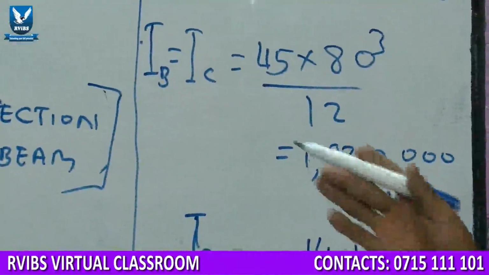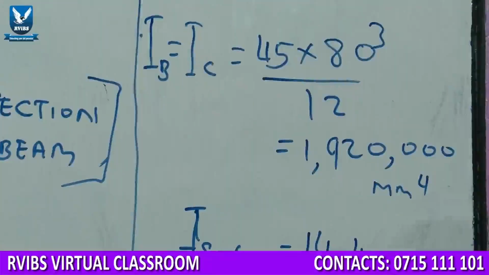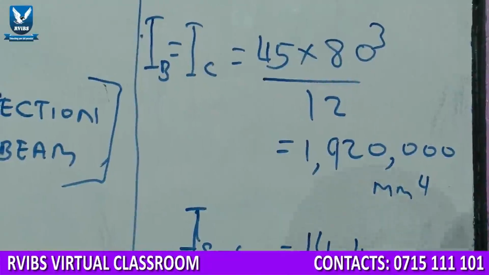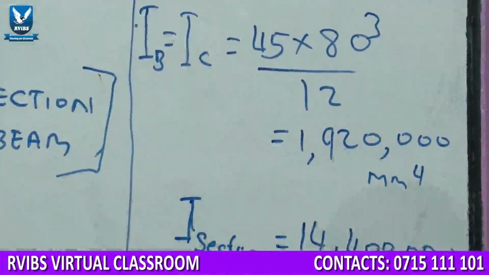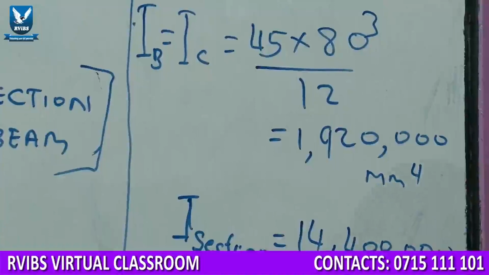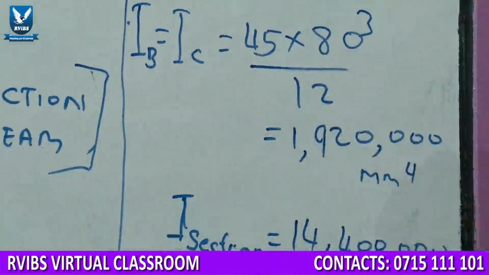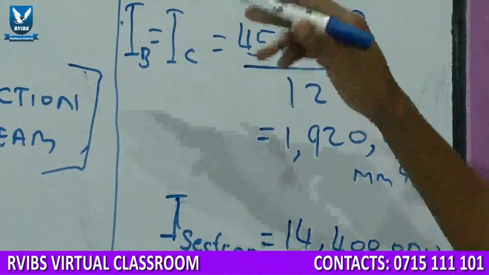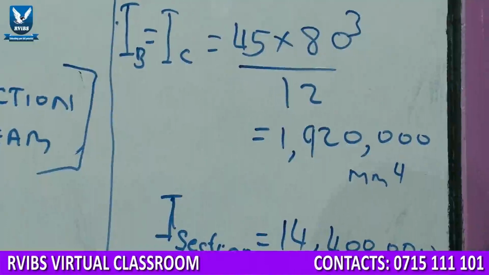Considering the base of rectangles B and C, the base will be given by 100 subtract the thickness of the web. The thickness of the web is 10 millimeters, so that is 90, divided by 2 because you have rectangle B and C. That is 45 millimeters.